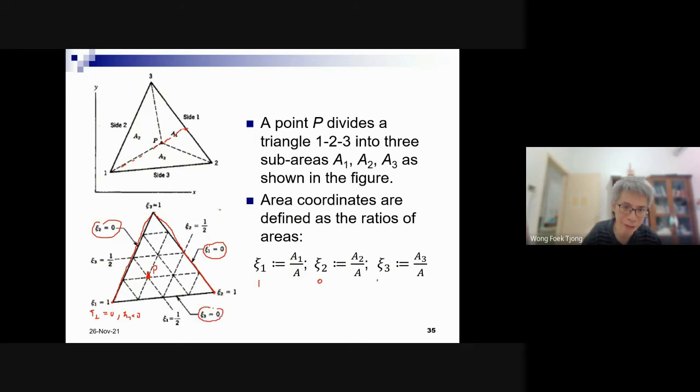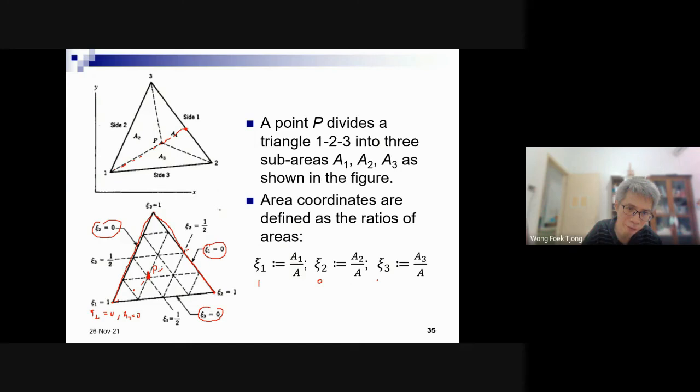Using this coordinate system, how about this one? Well, between node 1 and side 1, this is where C1 is 1, this is where C1 is 0, right? So we can just draw a parallel line to side 1, and then this is 1/2, halfway. So this is the line where C1 is 1/2.